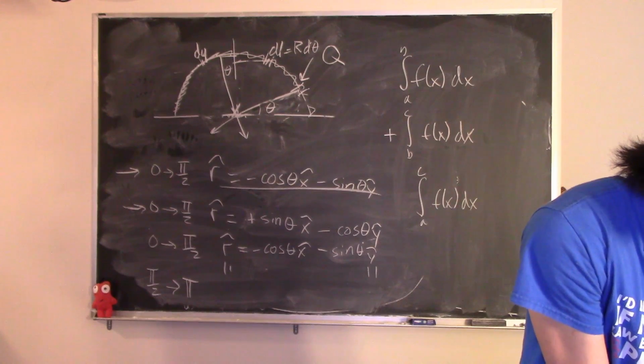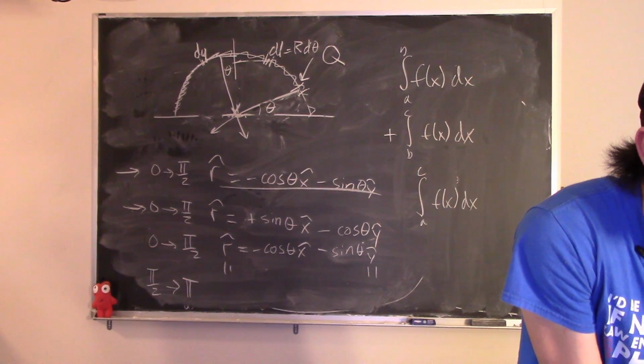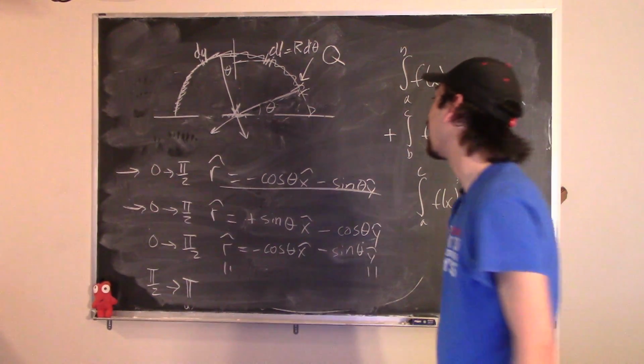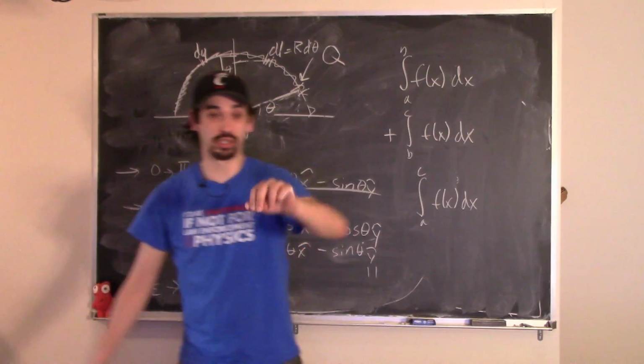In this example, the x component of the r hat changes as you move quadrants. Is the reason that it's accounted for in the overall integral because it's parameterized in terms of theta? Yes, and that's a good question, Brian.